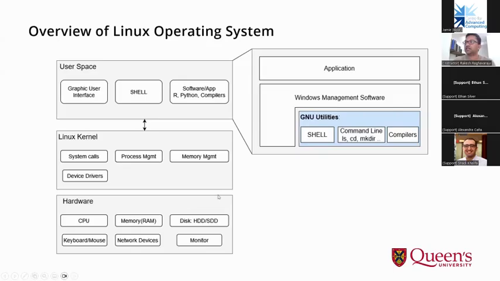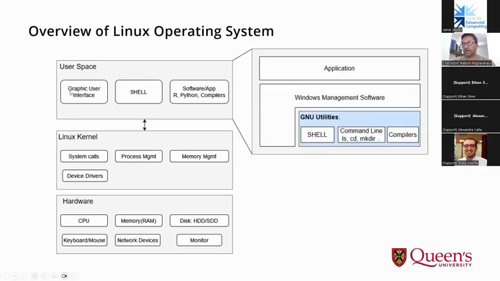Or you have device drivers to communicate with your printer and so forth. On top of this Linux layer, you have the user space. This is where most users work. Very few people actually work on the Linux kernel, but what we work on is in the user space, either through a graphical user interface, or through a command line through a shell. This presentation, for the most part, will be focusing on using a shell to access the Linux operating system.